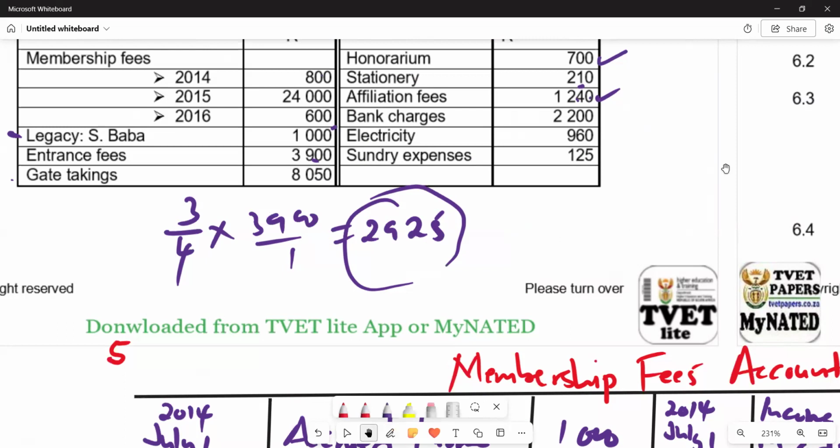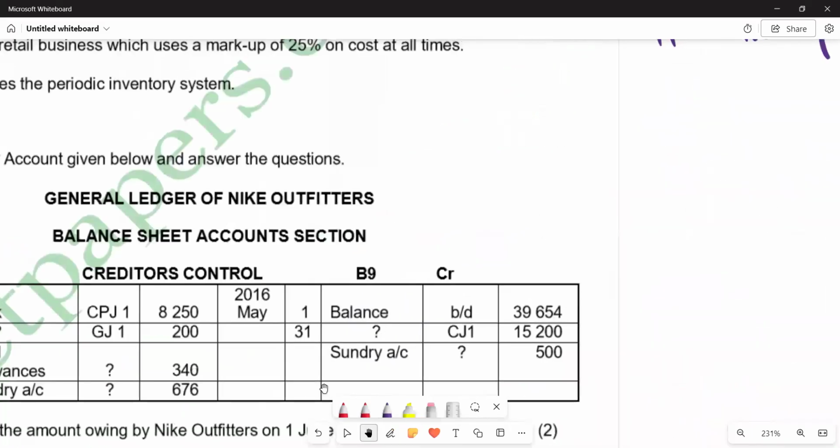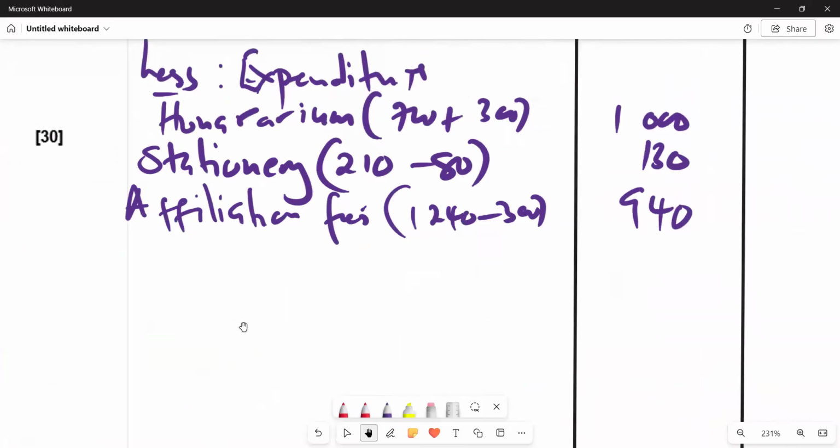So we can go and list those expenditures. So we are saying bank charges, and the amount that we have is 2,200.